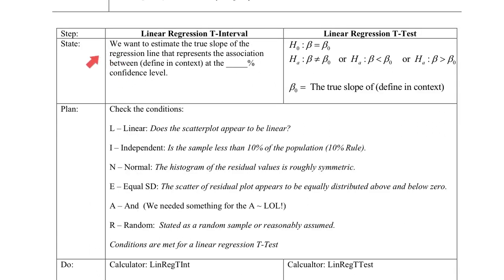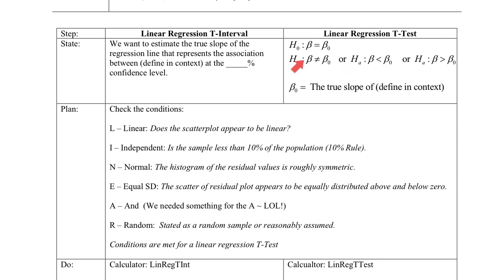You can see the introduction, the states here. We want to estimate. So whenever you're doing a confidence interval, you start with, we want to estimate the true slope of the regression line that represents the association between, what are you going to be defining, your explanatory variable to your response variable at what percent confidence level.